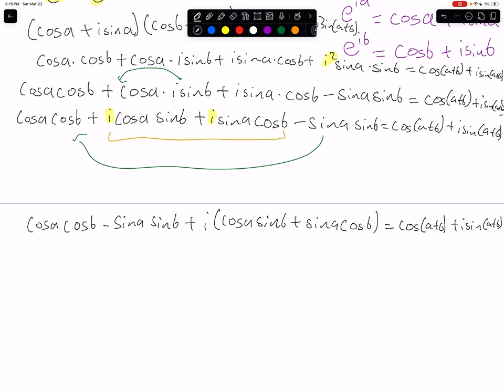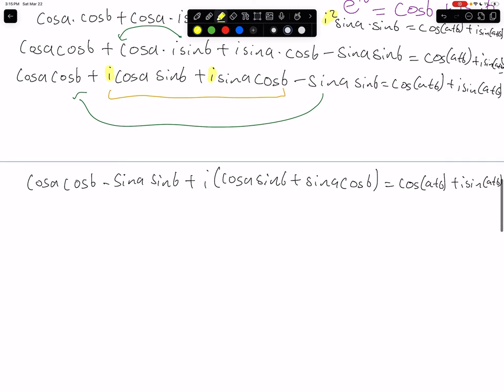So let's match things up here. We have cosine A cosine B minus sine A sine B, and we have a cosine of A plus B here. And then we have an i, we see an i here. Then we have cosine A sine B plus sine A cosine B equals sine of A plus B. Because we rearranged this into a certain order, we can just set these terms equal to each other.